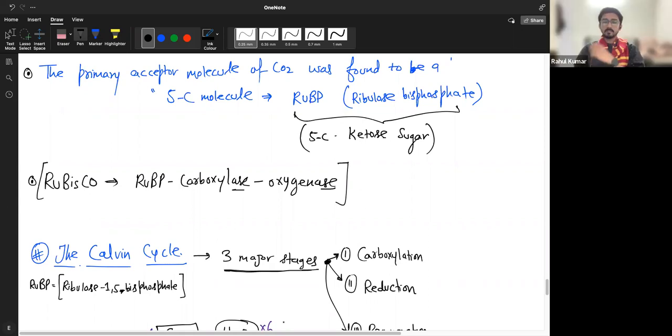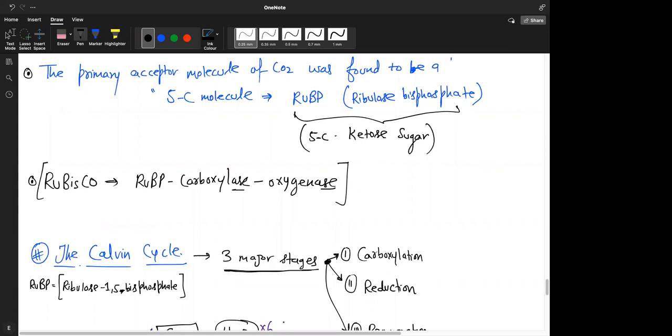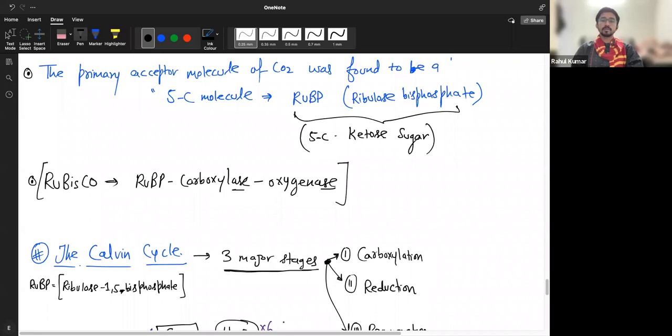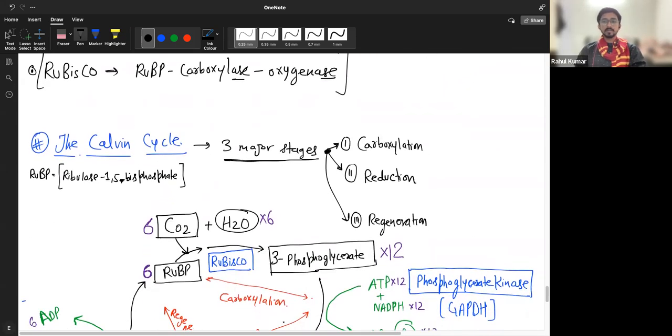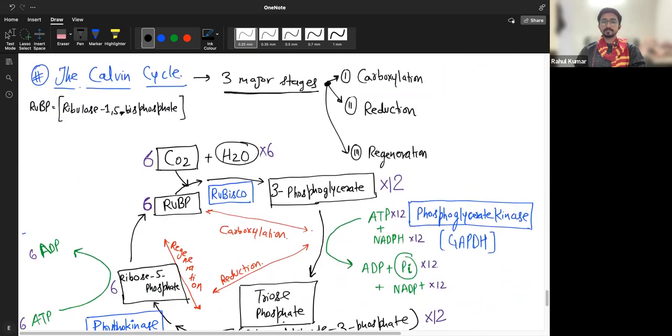That is the most abundant protein found in the biosphere, and its full form is ribulose bisphosphate carboxylase oxygenase. It has dual capabilities, both to carboxylate the RUBP and also to oxygenate the RUBP. But we will be studying in Calvin cycle the carboxylase activity of it.